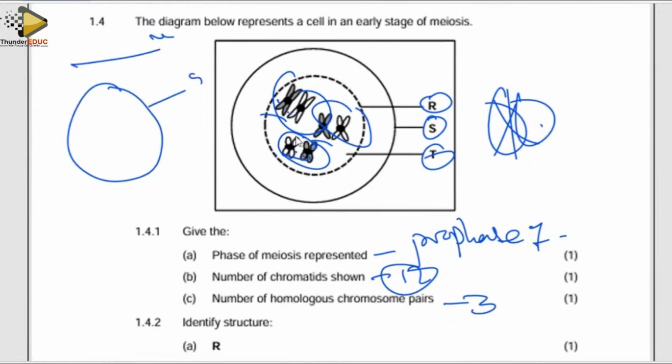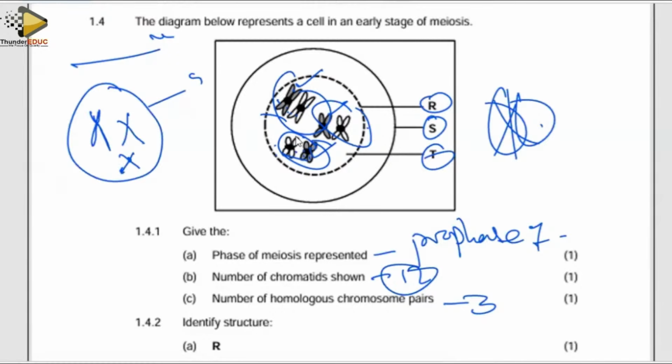Remember that now you're going to have 2 chromosomes, 1 chromosome from there, 1 chromosome from there, and another chromosome from there, like that, you see.